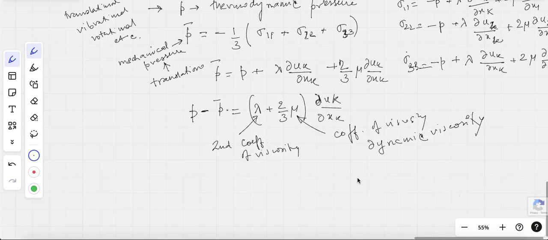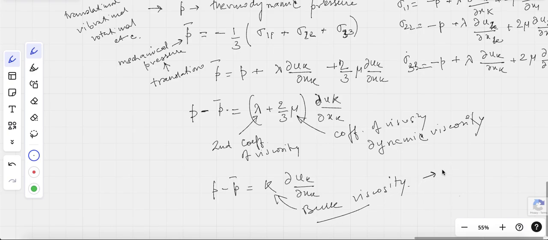This can also be written as P minus, this is the bulk viscosity. Now bulk viscosity is 0 for a special kind of fluid called Stokesian fluid, or the Stokes hypothesis.